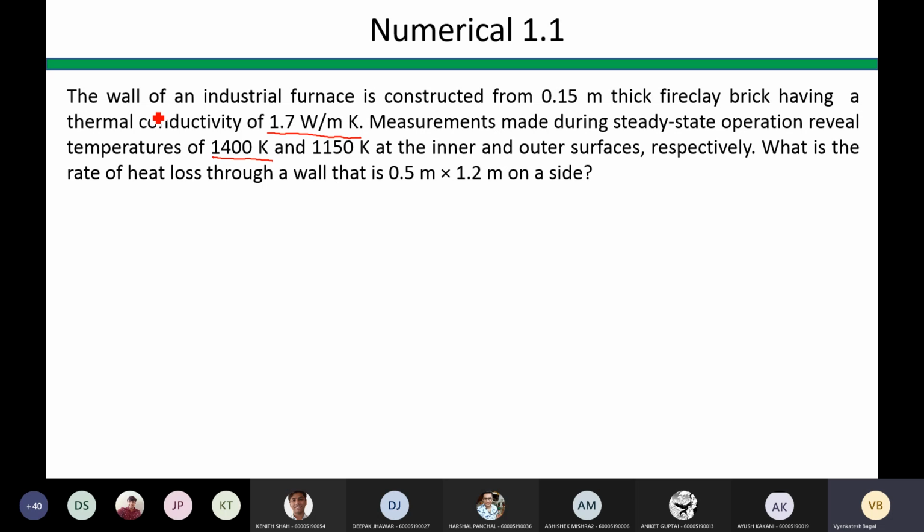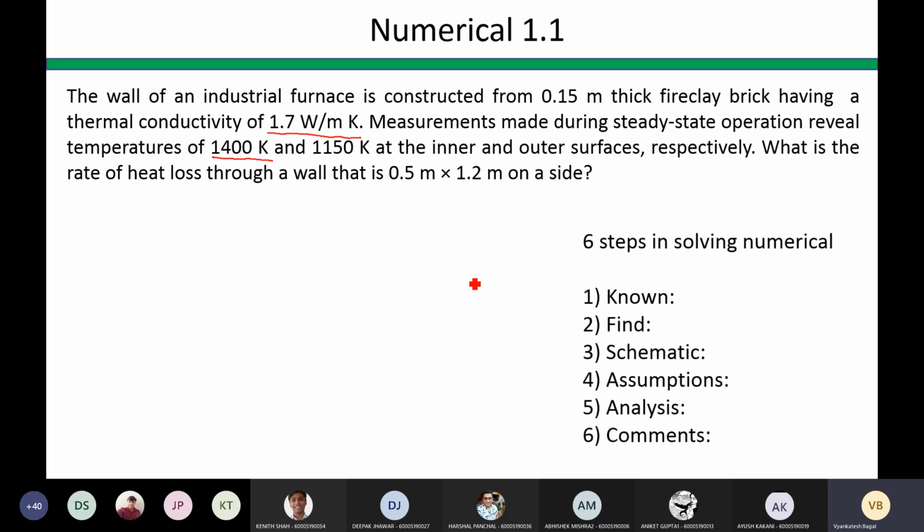So how to solve this? Now I am going to display here the approach for how you should solve this. 5 to 6 steps are involved, and try to follow all these steps while solving the numerical, and you will get a better idea. So we will use this 6-step approach to solve, in general, any kind of heat transfer problem.